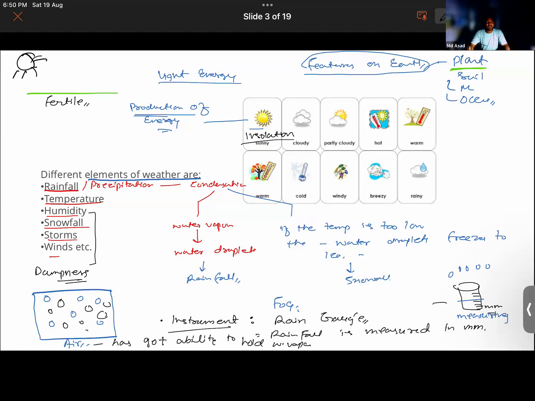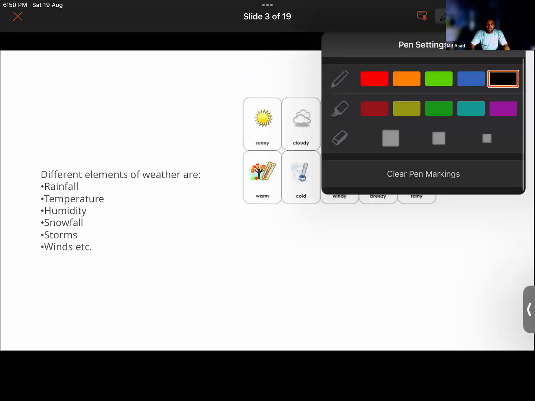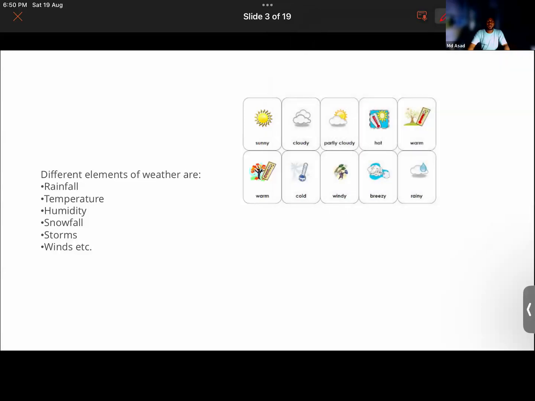If you were to increase the temperature of the air, will it hold more water vapor or a lesser amount? What do you guys think? If you increase the temperature of the air, will it hold more water or less? No, the capacity of air to hold water will increase as you increase the temperature.